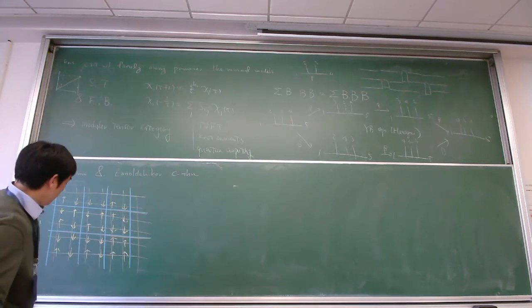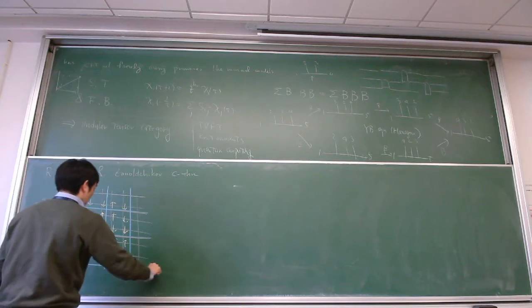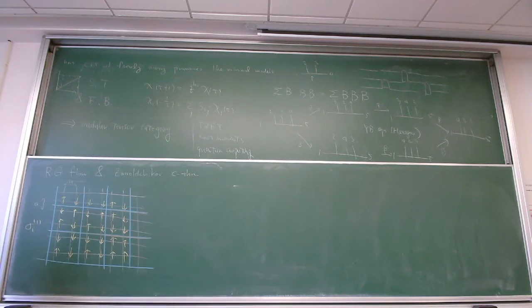Like this way, and then you just average all the spin to get that other lattice.